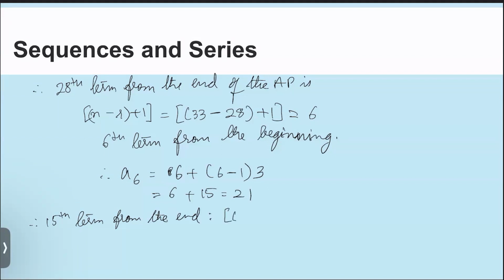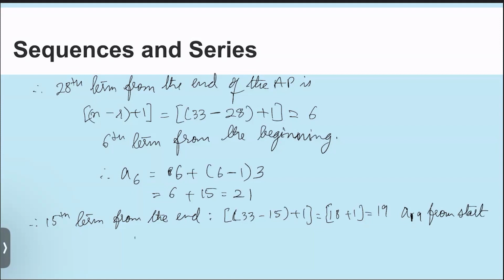So that would be 33 minus 15 plus 1. Okay, so 33 minus 15 will be 18, 18 plus 1. So this is the 19th. Okay, so we have to find A19, A19 from the start.